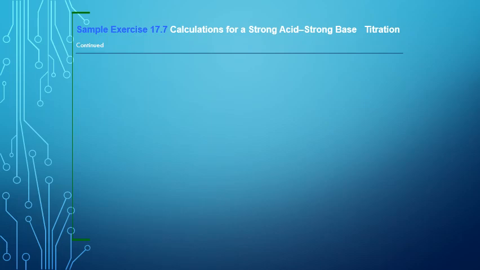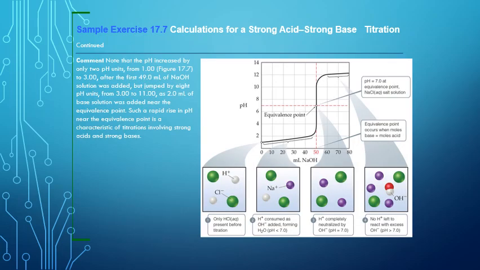So again, I just wanted to illustrate that fact here with the particulate diagram. As I had mentioned, note that the pH is increased by only 2 units, from 1 to 3, when we started off the reaction by adding the first 49 milliliters of the base. Only a difference of 2 pH units.